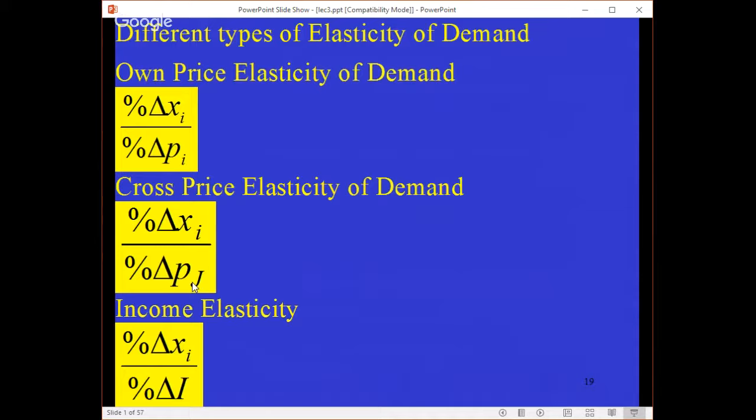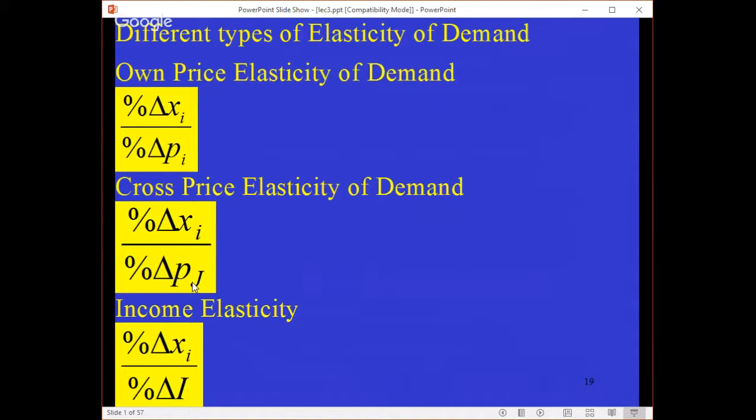If they're substitutes, it's going to be positive. If they're complements, it's negative. So if the price of oranges increases, the demand for apples will increase, so it's positive. Those two are substitutes. If they're complements, like peanut butter and jelly, the price of jelly goes up, the demand for peanut butter will go down. In that case, it'd be negative.